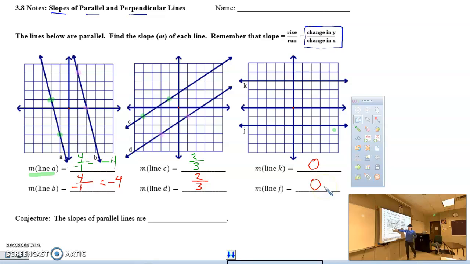All 3 of these pairs are parallel. So the conjecture, or guess, is that the slopes of parallel lines are equal. Whenever you have equal slopes for 2 lines, those are parallel lines.